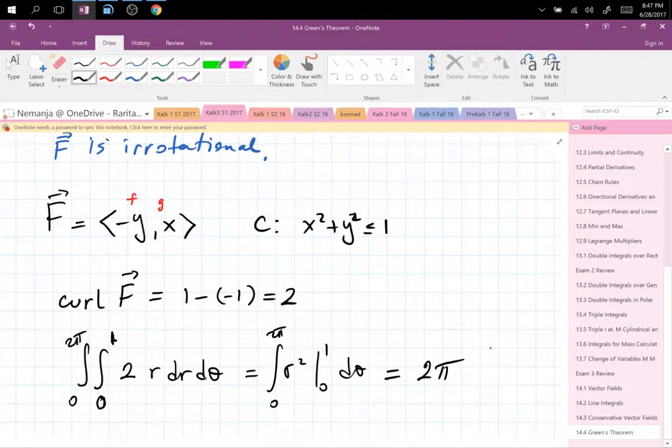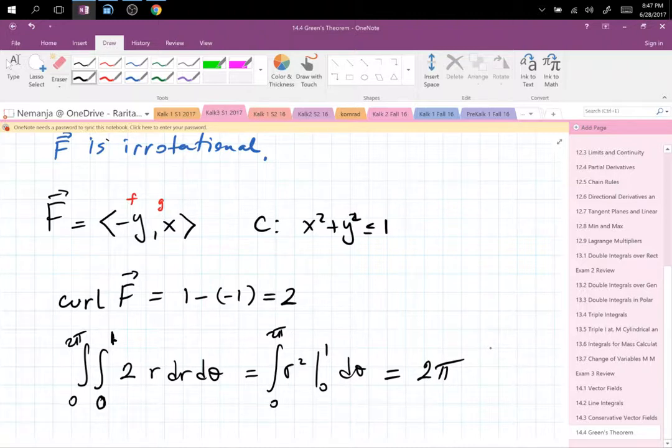And if you look at it, the radial field is x, y. When you find partial derivatives, it will be 0 minus 0. And that gives you 0 to feed into the integral, so the answer is 0. So everything that we did before still works.